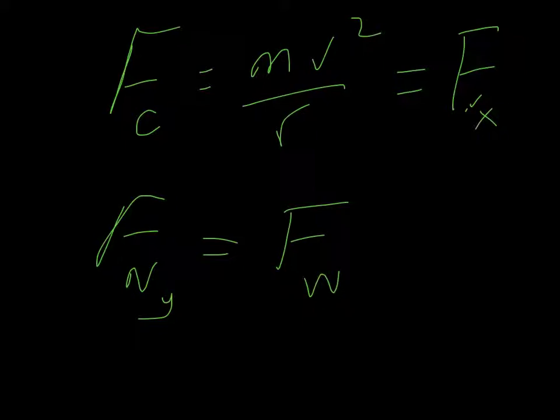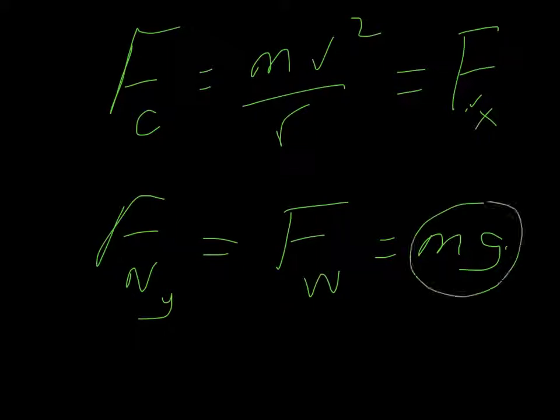There really should be a negative sign there because it's pointing in the opposite direction. That's equal to mg. So if you're interested in figuring out the magnitude of the normal force vector, you would just use the Pythagorean theorem and these two values.